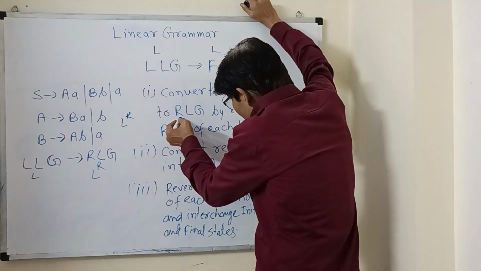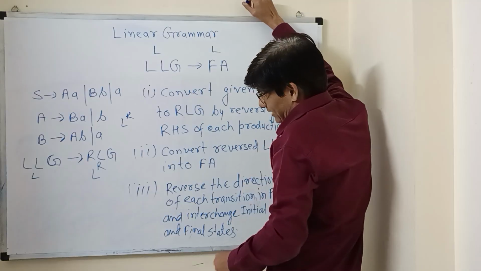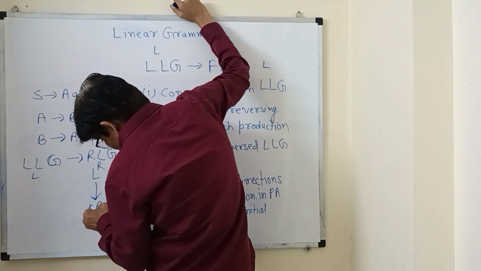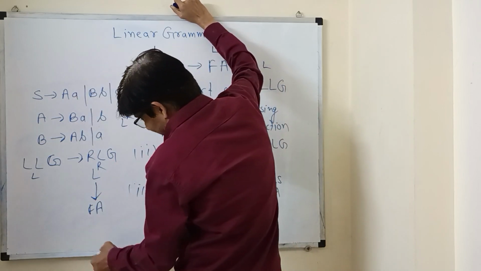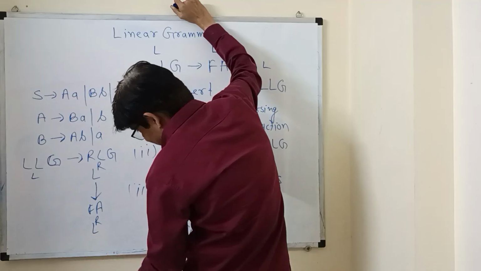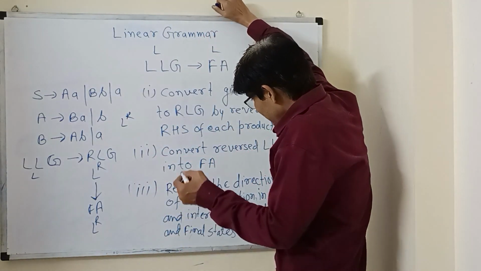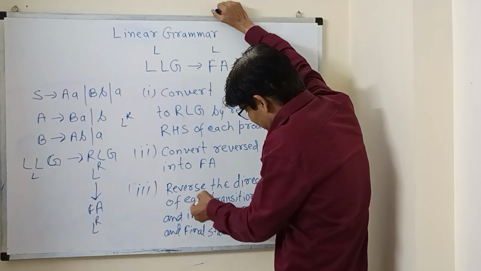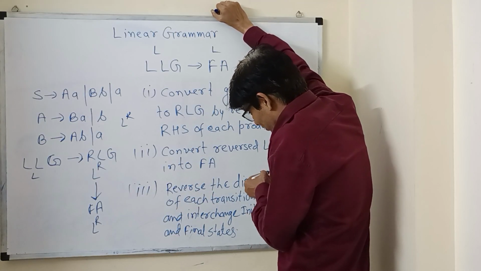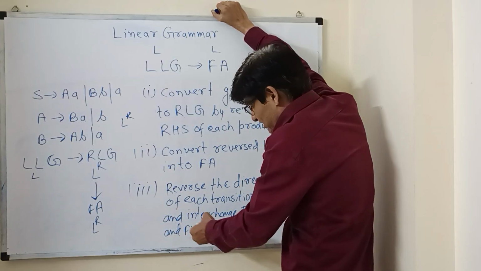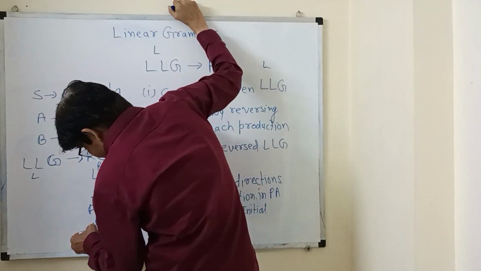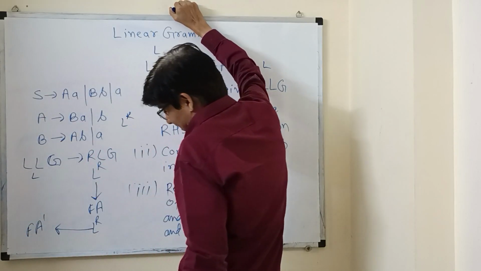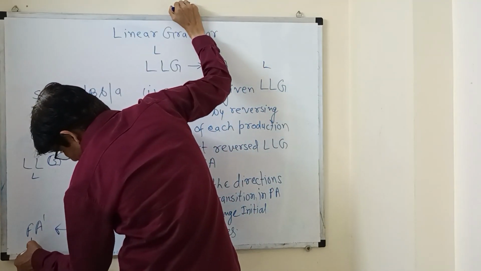Now, we will convert this RLG into finite automata. The language accepted by this finite automata will also be reversal of L. Then in the third step, we reverse the direction of each transition in the finite automata and interchange the initial state and final state, so that the converted finite automata, which I am representing as FA dash, will accept the reverse language.